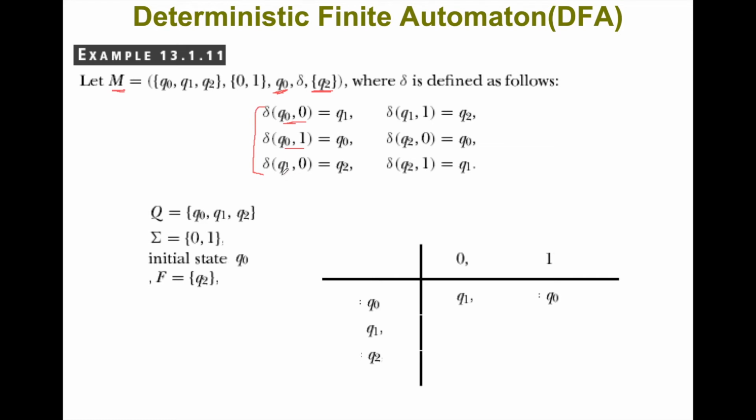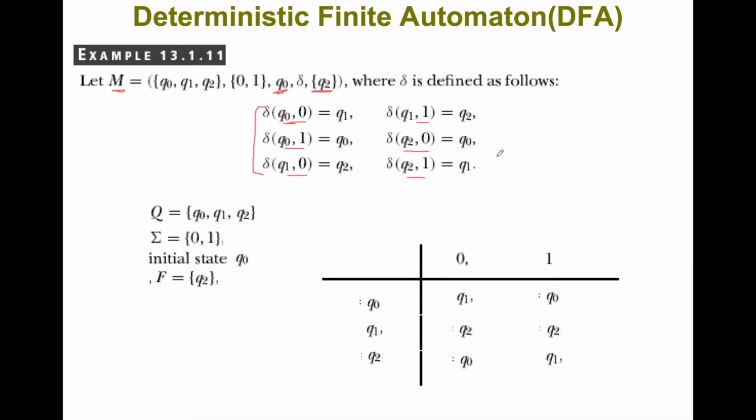Moving to the next state, which is Q1. If 0 was an input in Q1, then we will go to Q2. If 1, then we will go again to Q2. For the last state, which is Q2, if 0 is entered, then we'll go to Q0. If 1, then we'll go to Q1.